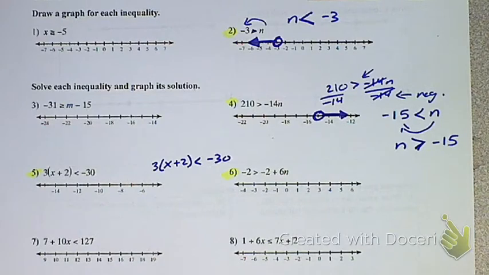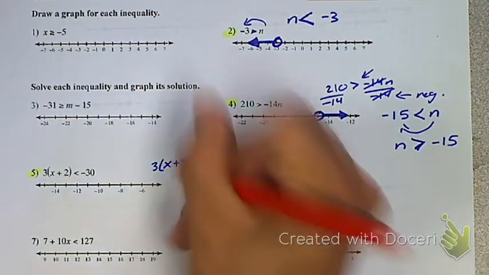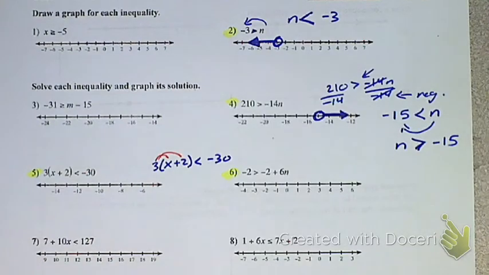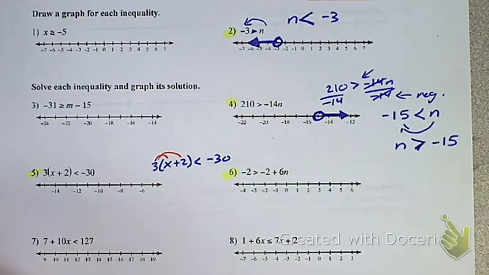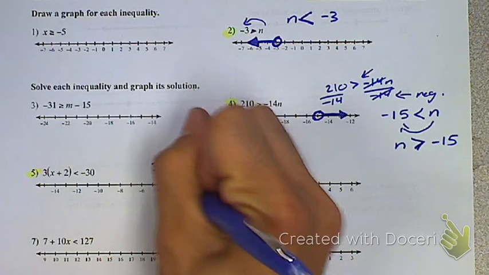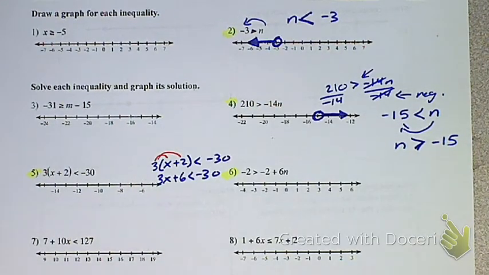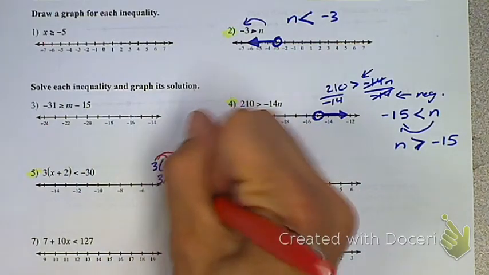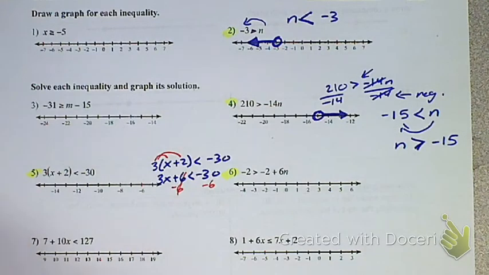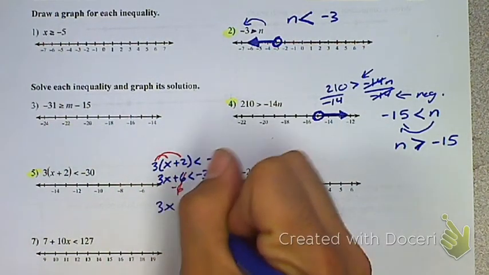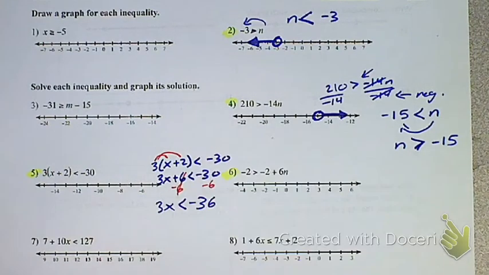Number 5, whenever you have a number in front of the parentheses, if it's not a fraction, you can just distribute. So you get 3x plus 6 is less than negative 30. Subtract the 6 to cancel. 3x is less than negative 36.